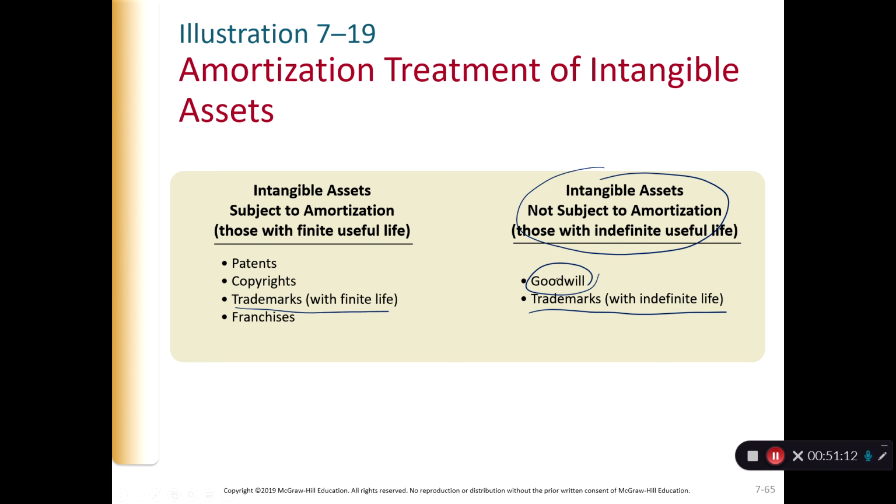Okay, the recoverable amount is the cash expected to be received from future use of the asset over its remaining useful life. In other words, all long-term assets are subject to impairment rules, and we will discuss this in more detail in the appendix of this chapter.